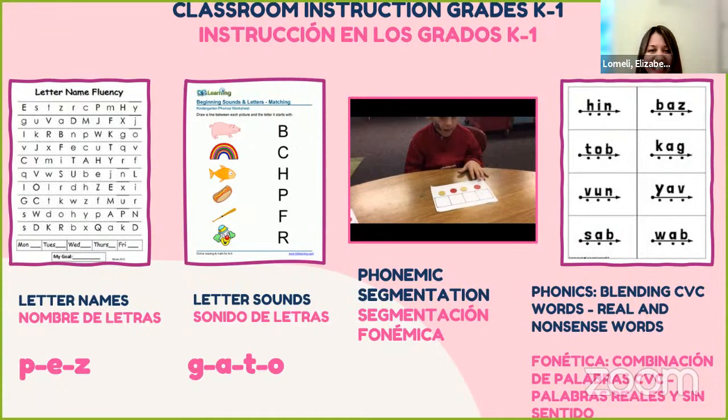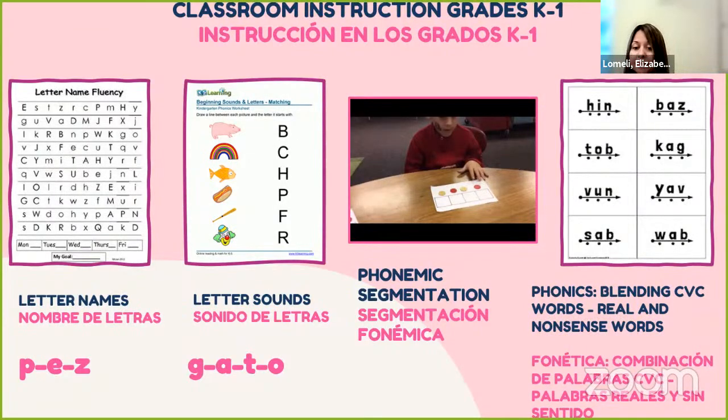On this slide, you see that in grades K and 1, these are some of the things that the kids are learning around literacy and language development. The letter names, the letter sounds, phonemic segmentation, being able to distinguish the sounds in the words and the sounds that the letters represent, right?